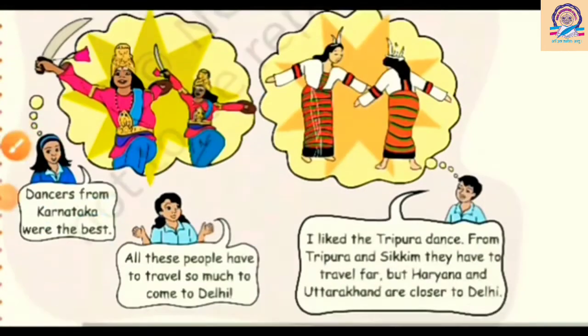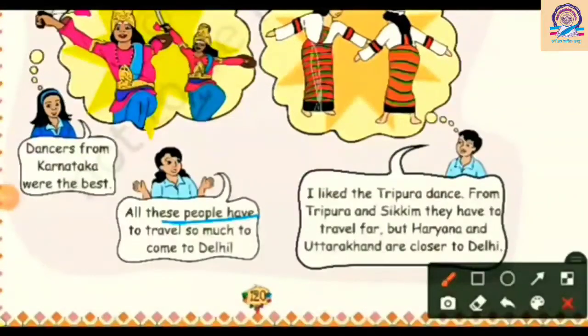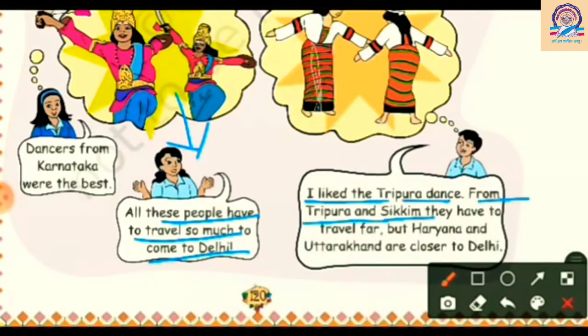Another says all these people have to travel so much to come to Delhi, they have to travel more distance. And the last one says I like the Tripura dance from Tripura and Sikkim. They have to travel far, but Haryana and Uttarakhand are closer to Delhi, so they have to travel less.